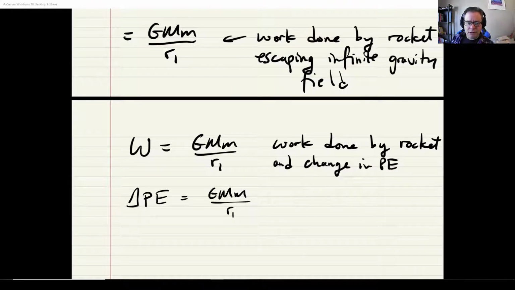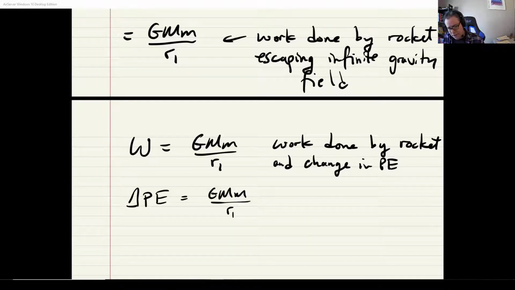All right, let me reiterate that this expression that we just got here is the work done by the rocket escaping the gravity field of some primary body. This is also representing the change in the potential energy of this rocket, a positive value, as the potential energy increases as the rocket moves further from the primary body. So this represents a change in the potential energy.